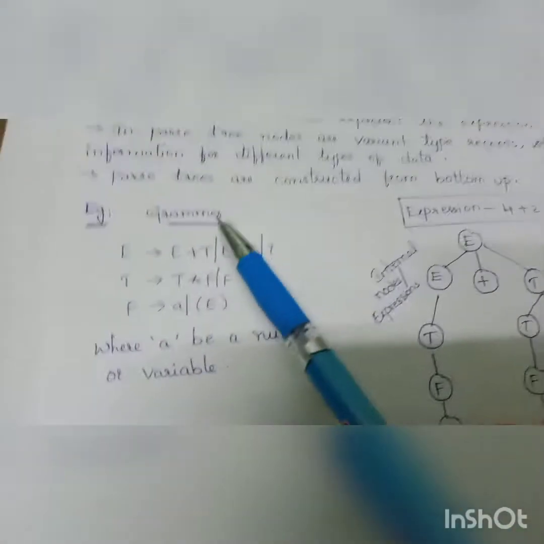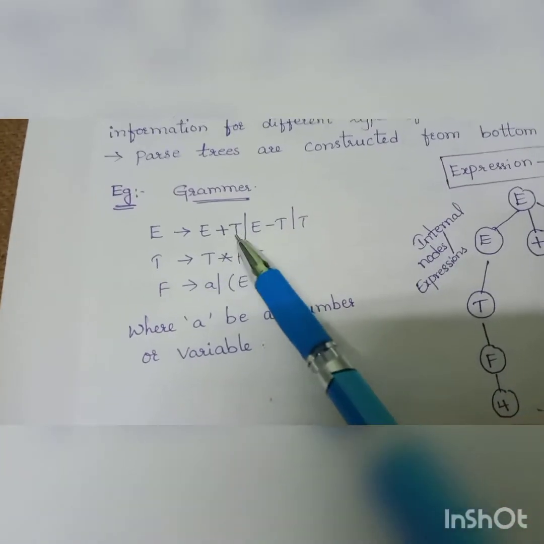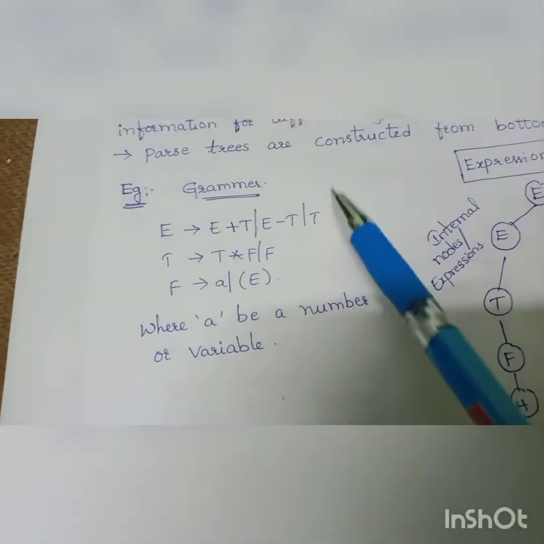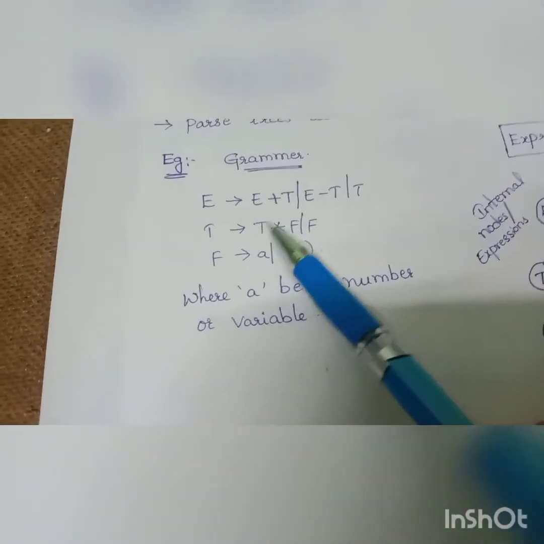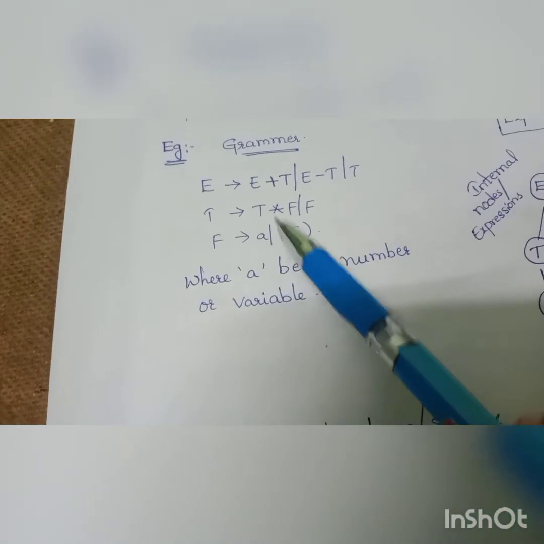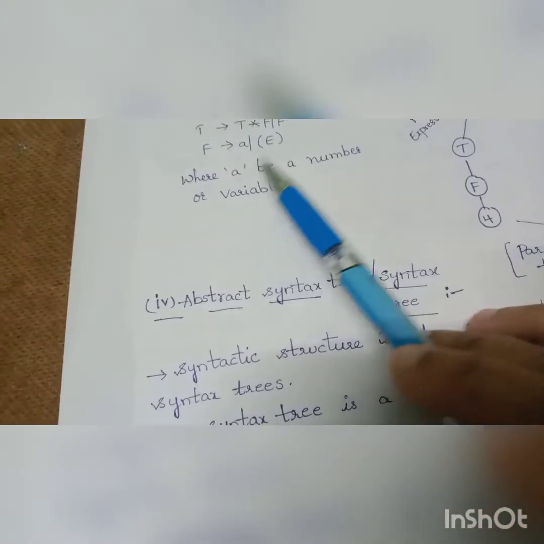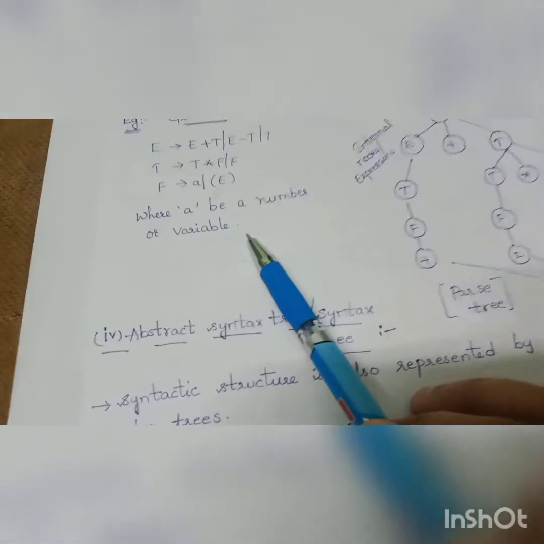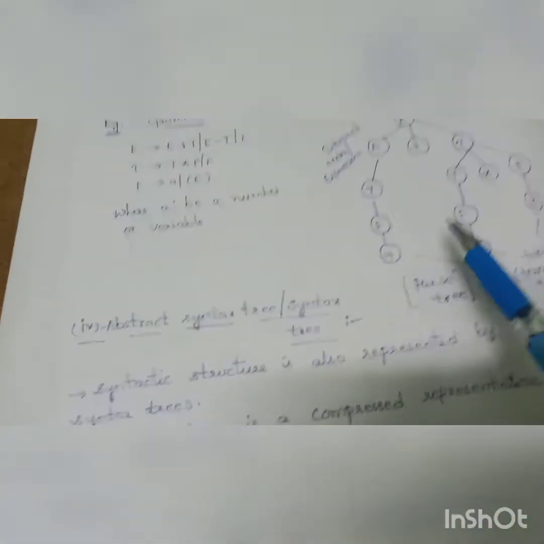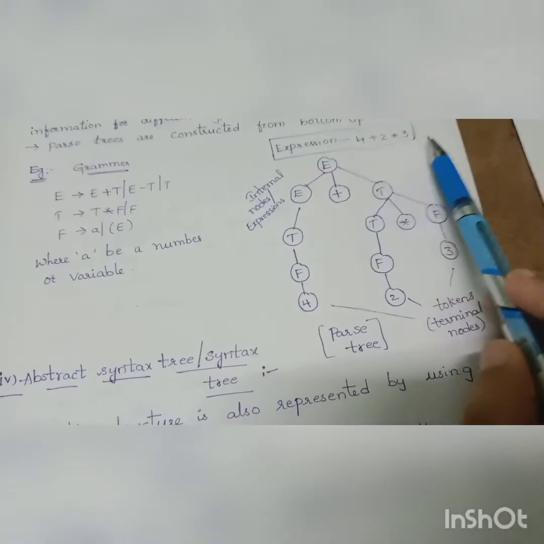Here we have considered an example: E produces E plus T or E minus T or T. T produces T star F or F. F produces A or E. Here A may be a number or variable, and you need to construct the parse tree and check this expression like 4 plus 2 into 3.